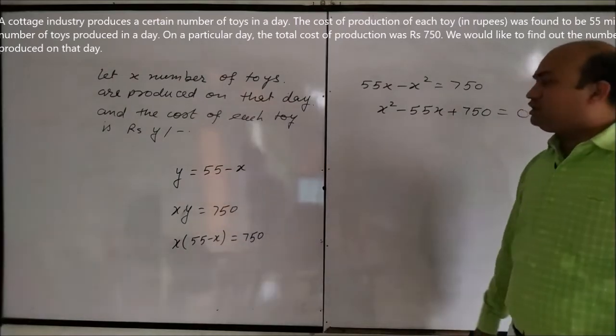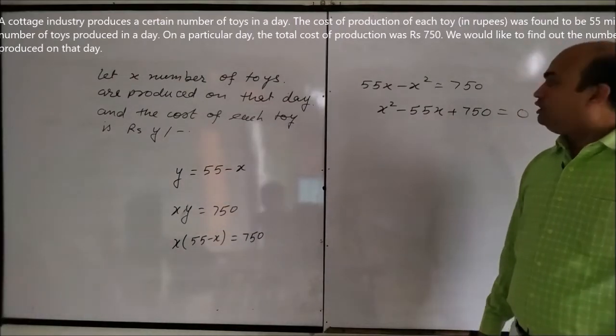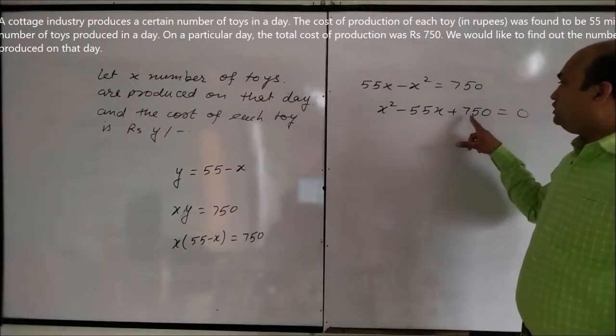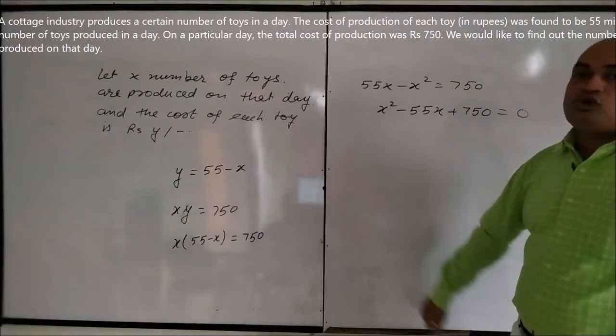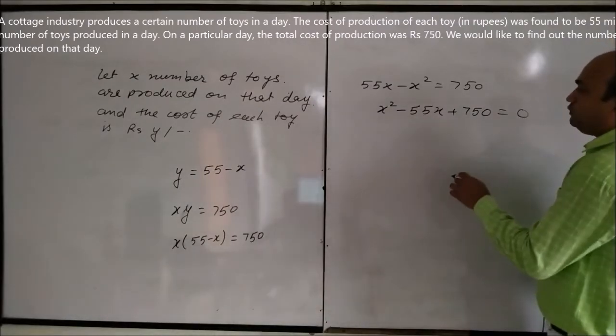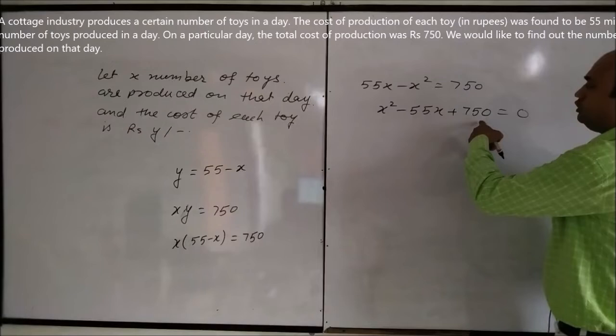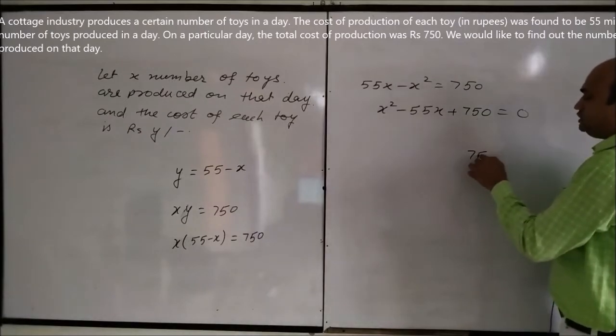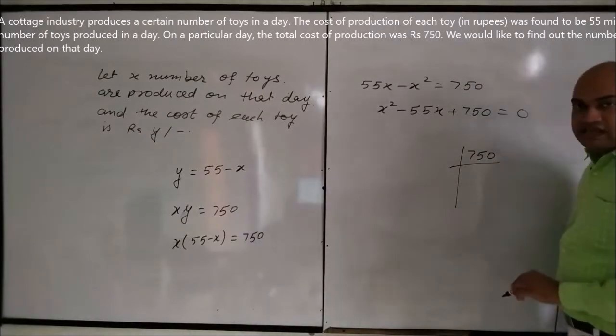To solve this quadratic equation, we should have two numbers whose product should be 750 and sum 55. So you see, this 750 we just factorize.